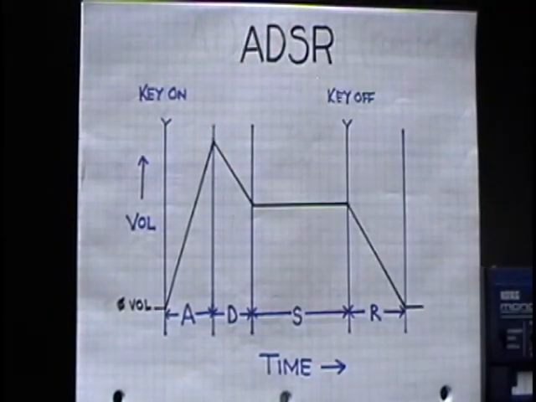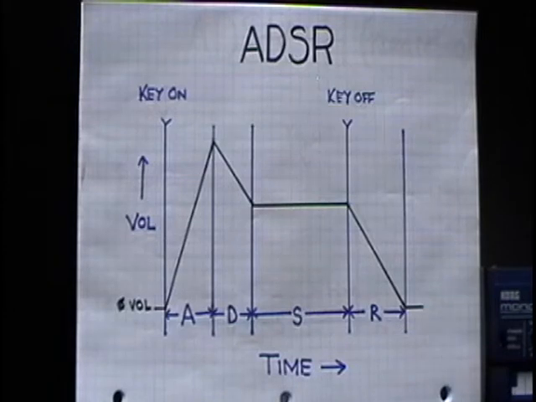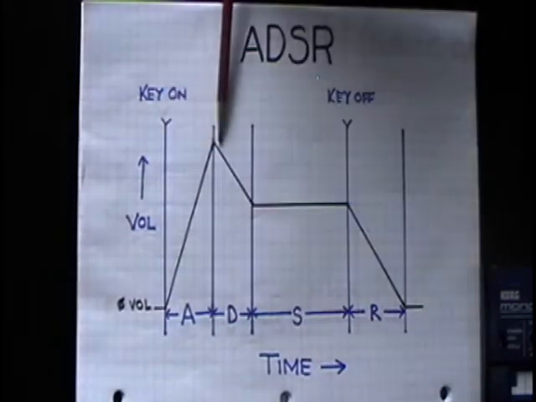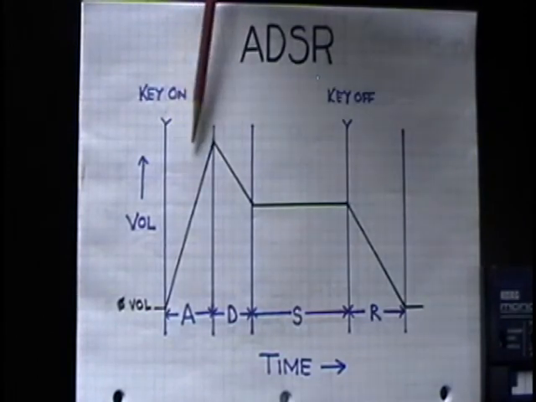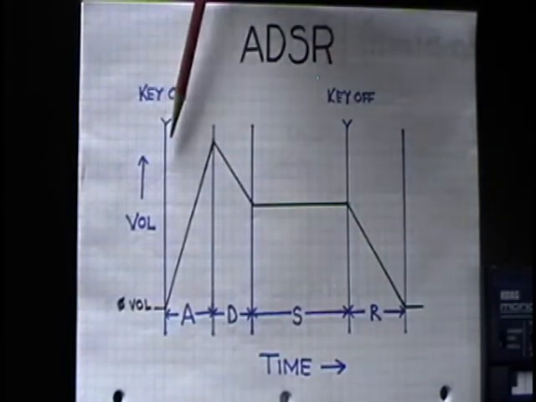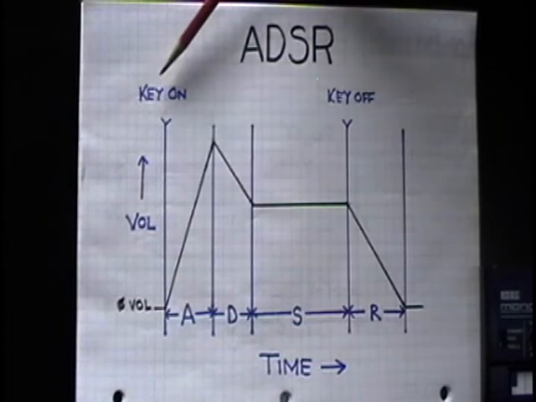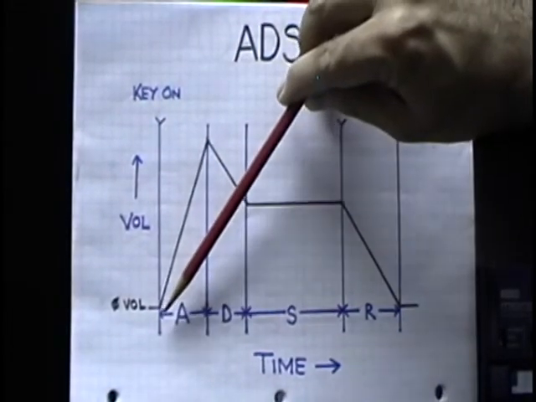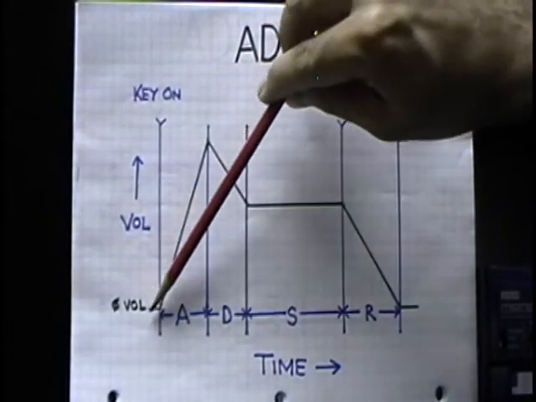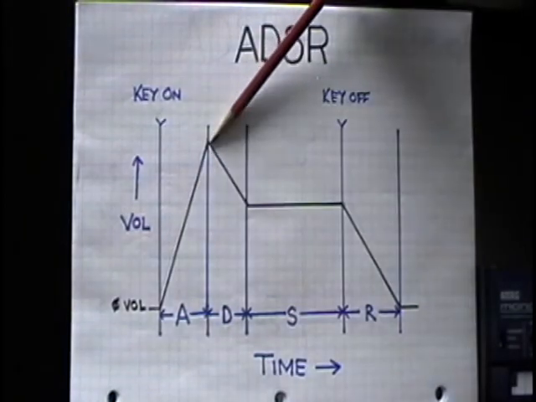Now again, on analog synthesizers, you can change it from quick to slow, or instantaneous to slow. On digital synthesizers, you can actually determine the exact time in milliseconds or seconds, or whatever the case may be. But anyway, the attack time is the time it takes to go from 0 volume up to the maximum volume.